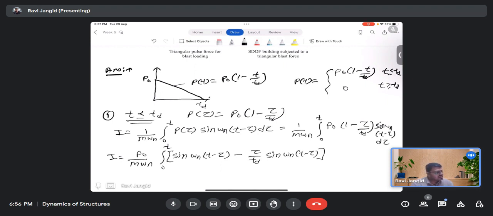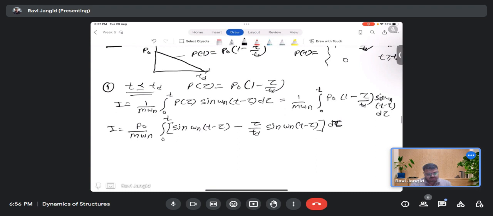So we need to integrate this d tau. Okay, if we integrate it, please integrate it.